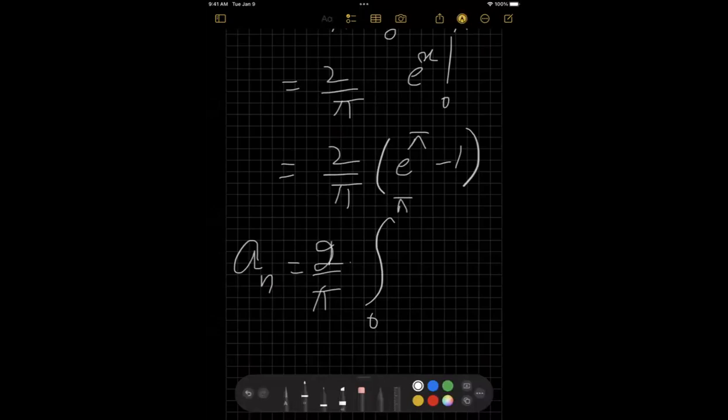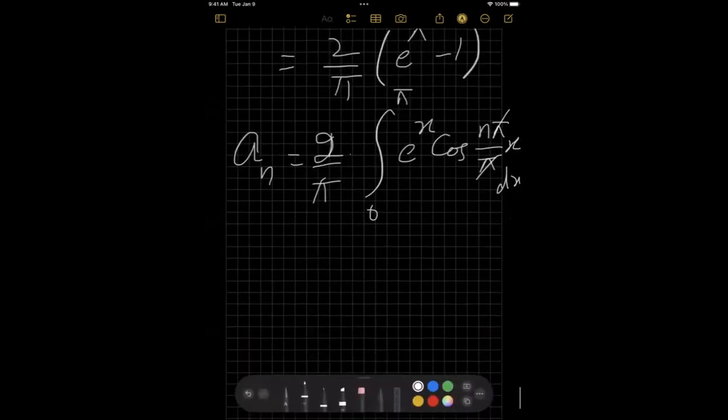Fine. e^x cos of n pi over pi x dx. Pi will be cancelled. So we have 2 over pi, 0 to pi. The thing is 0 makes your life easier here. When you apply the terms, some will quickly become 0.